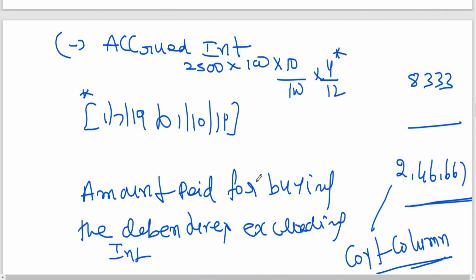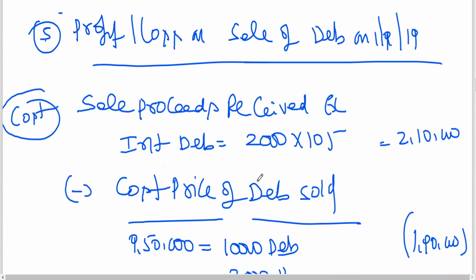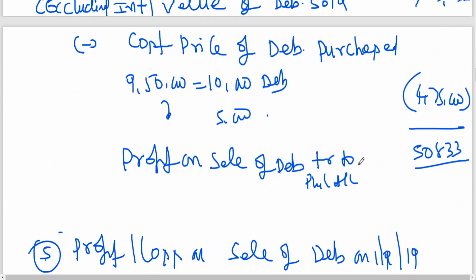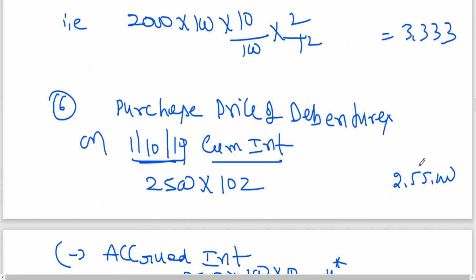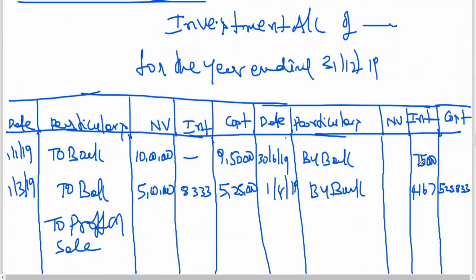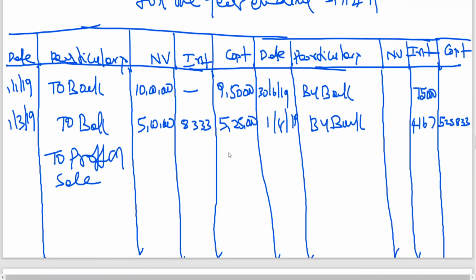To profit on sale is transferred to P&L account. What is profit on sale? You got it here. 50,833. What is the rate here? 1st August 19. To profit on sale, transferred to P&L account. You can write P&L account also.